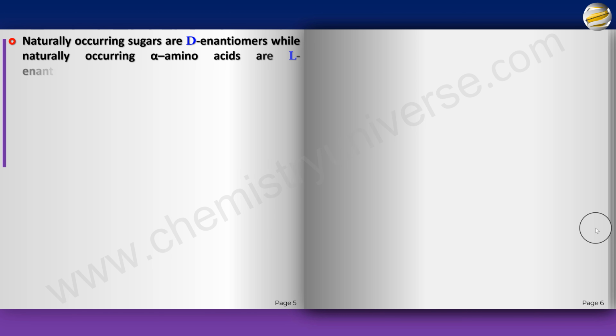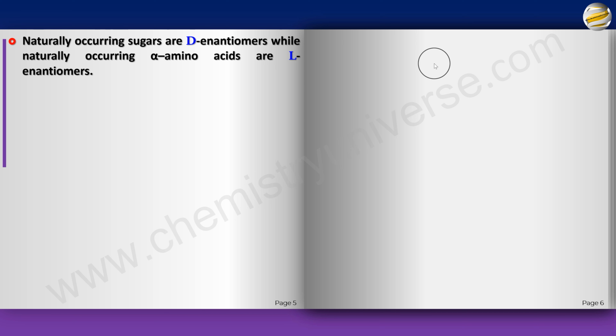And it has been found that the naturally occurring sugars are the D enantiomers, while the naturally occurring alpha amino acids are the L enantiomers. Alpha amino acids are the monomers of proteins. Now, of course, we just said OH on the last chiral carbon is right, then we call it D. But what happens if it is an amino acid where you have NH2 instead of OH?